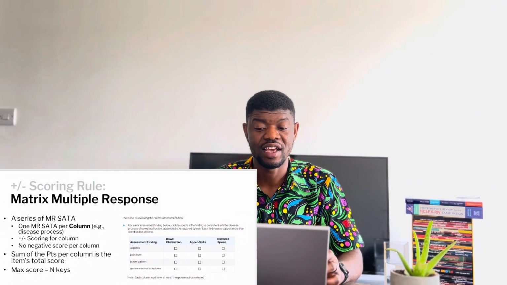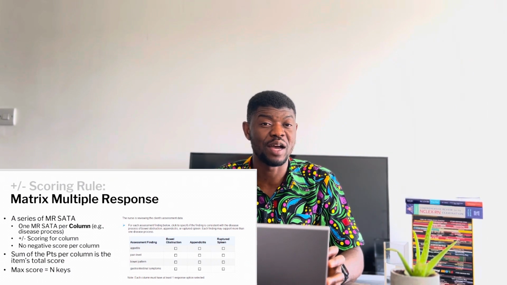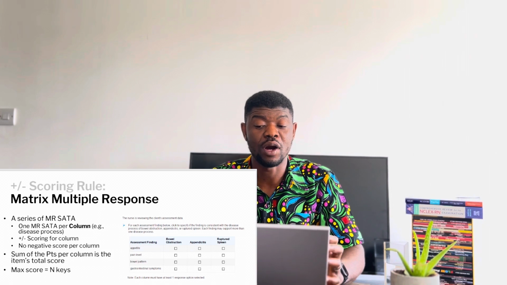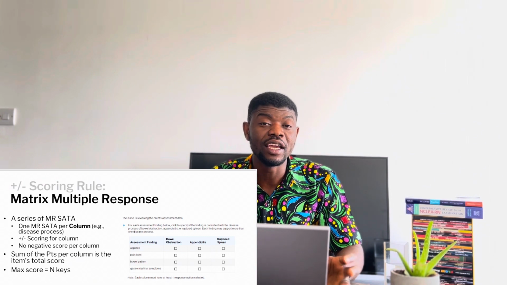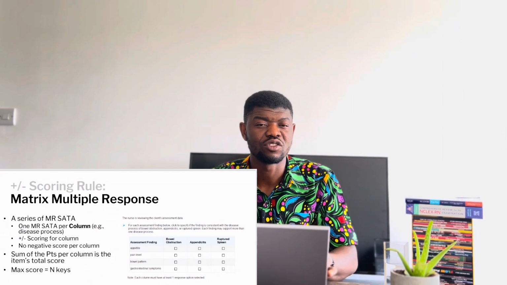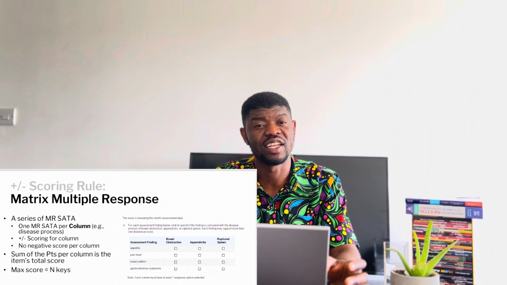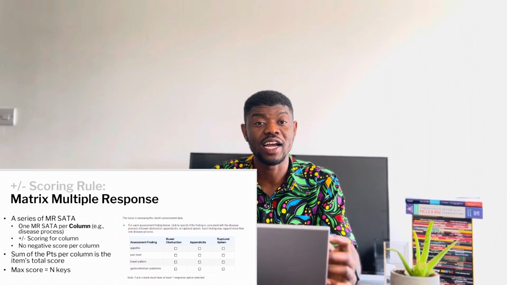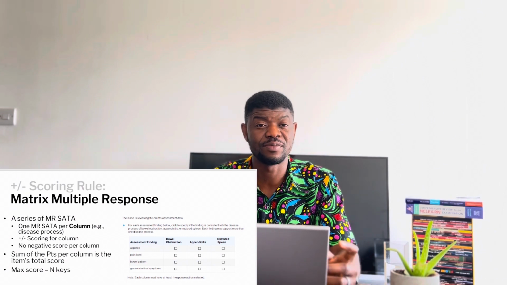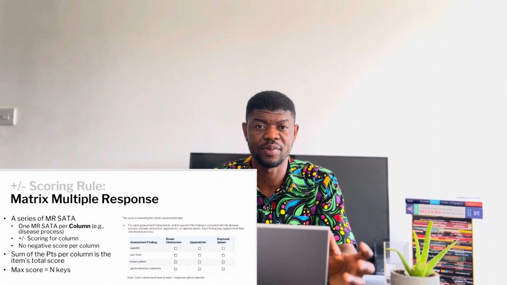For instance, when you're looking at appetite, is appetite affected in bowel obstruction only, or is it also affected in appendicitis and ruptured spleen? If it's affected in both conditions, then you choose 2 of the conditions and leave the other one. You can't choose every condition if the symptom is running across all 3 conditions you have been given.